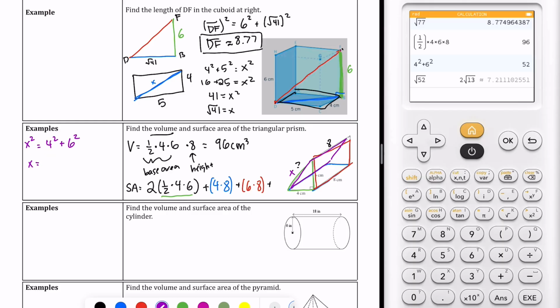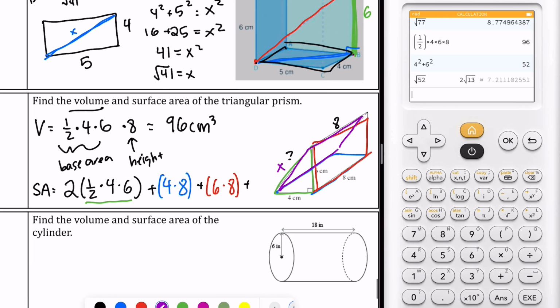So x is equal to 7.21. When I do my calculation, I will make sure to go up and grab that number. So the last one I need to add is 7.21 times 8, since those are the last dimensions.